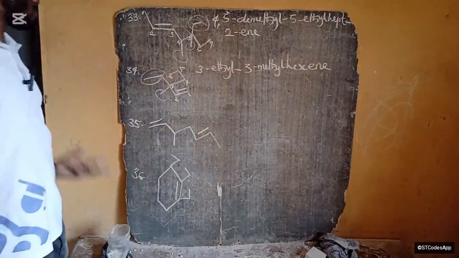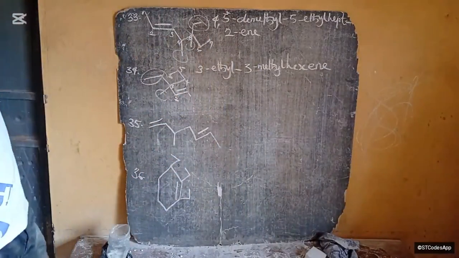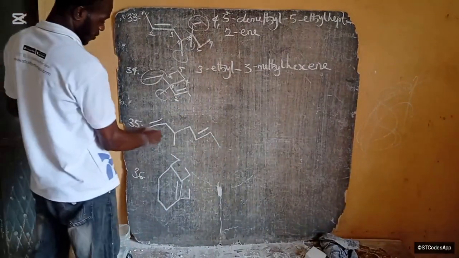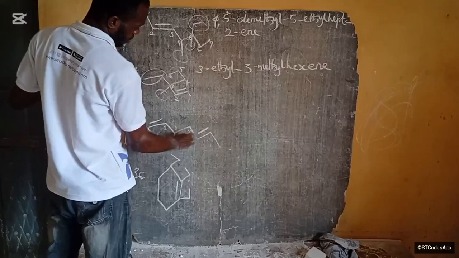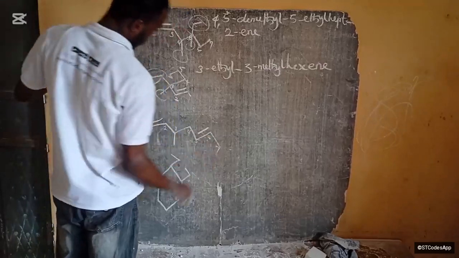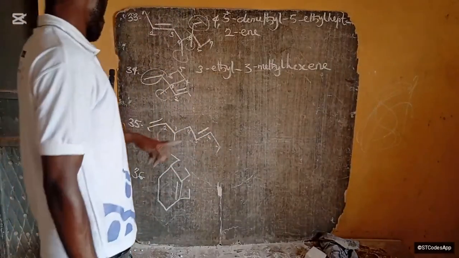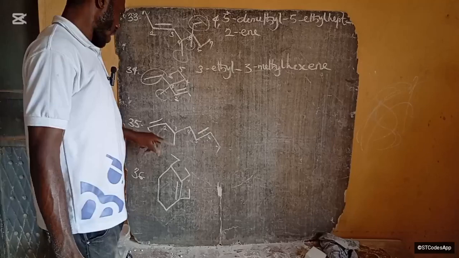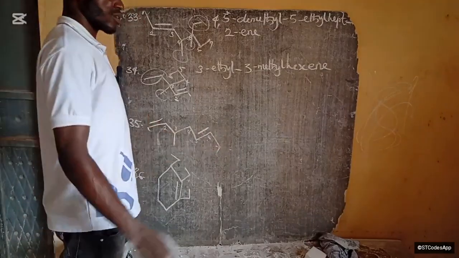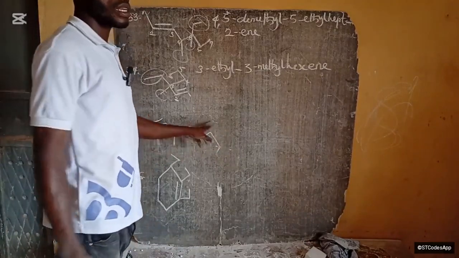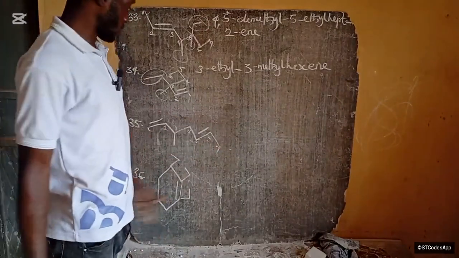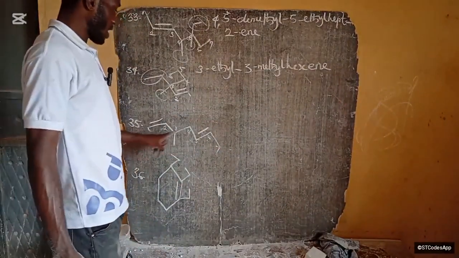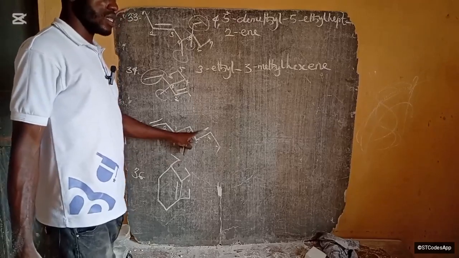Is that okay? Hexene. Then in this case also, we have carbon 1, 2, 3, 4, 5, 6, 7. So what does this become? This becomes 3 methyl. I have to go in this direction because if I come in this direction, these double bonds will get greater numbers than if I go like this. So I'm going to have carbon 1 and carbon 5 bear the double bond.